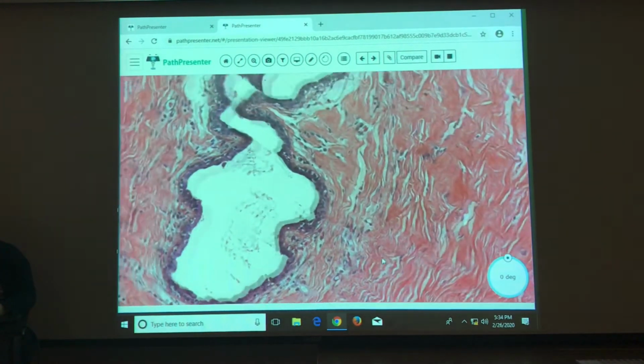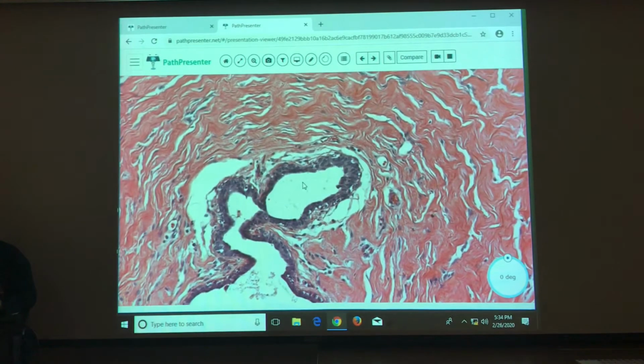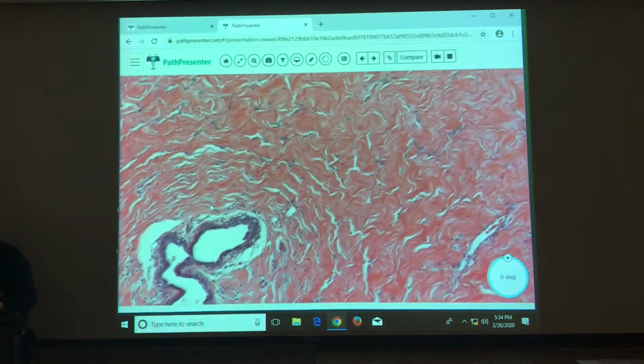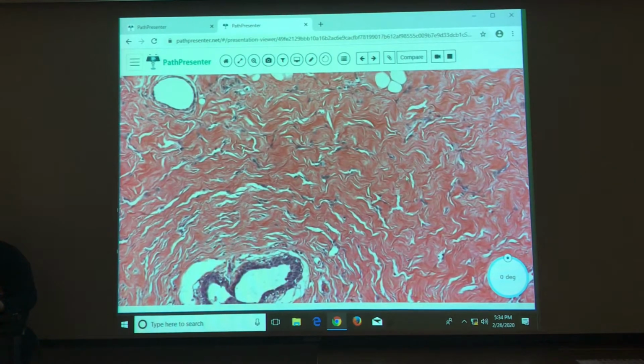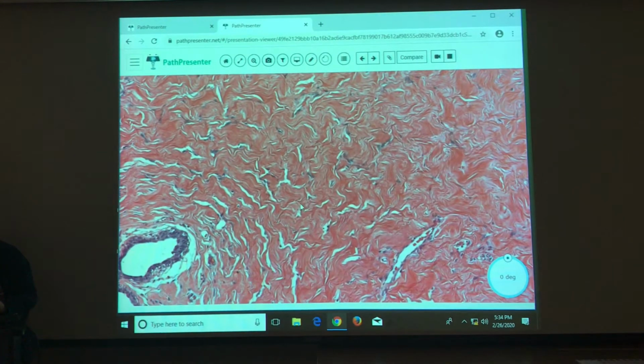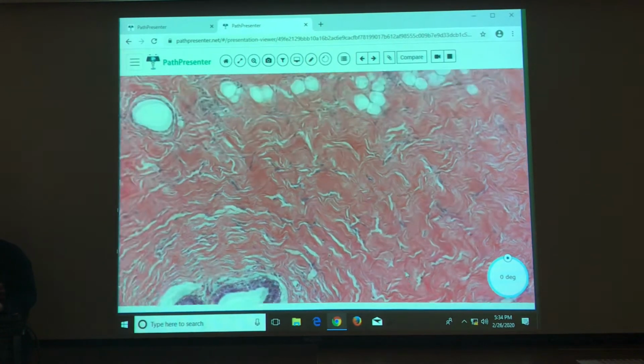The glands look okay. There's no UDH in the glands. In the stroma it's pretty dense. It is mass forming a nodule on mammograph. This is a nodule in a man.